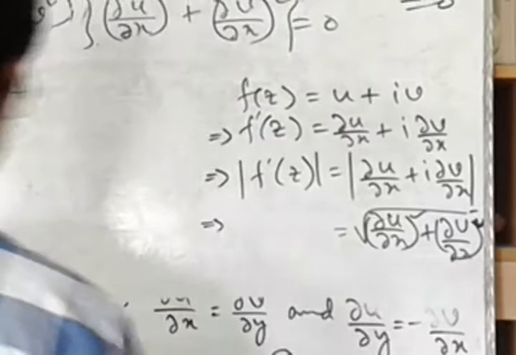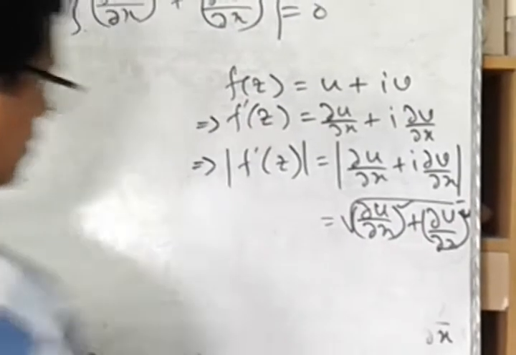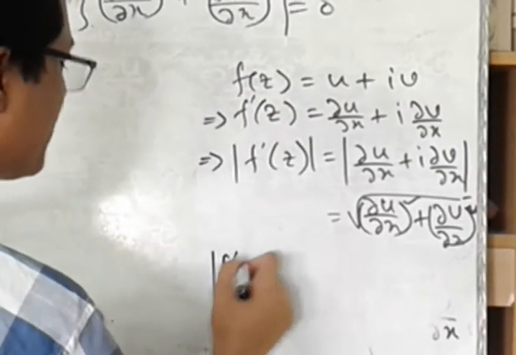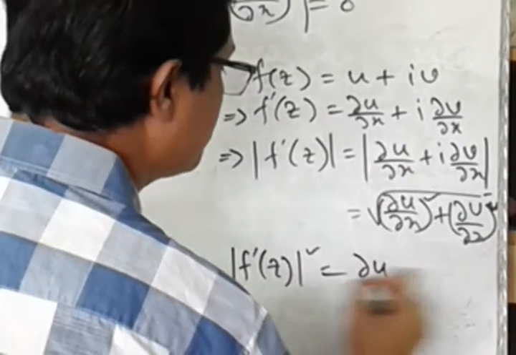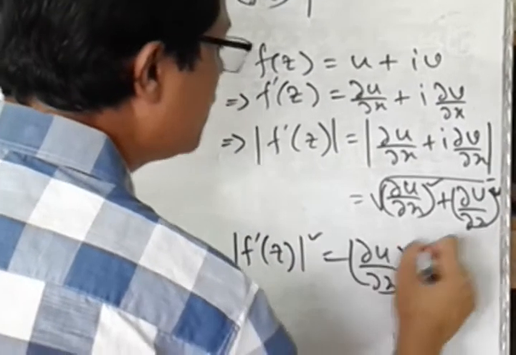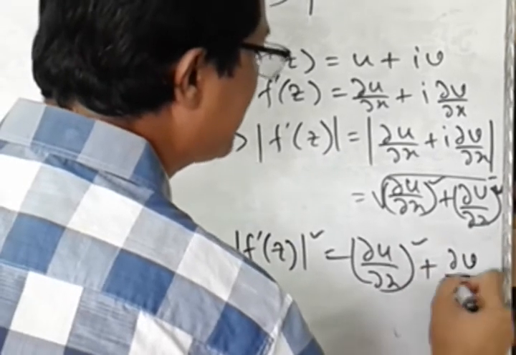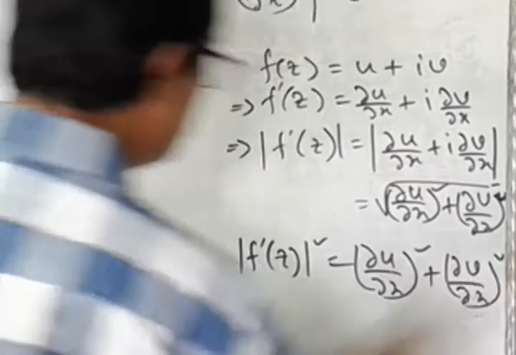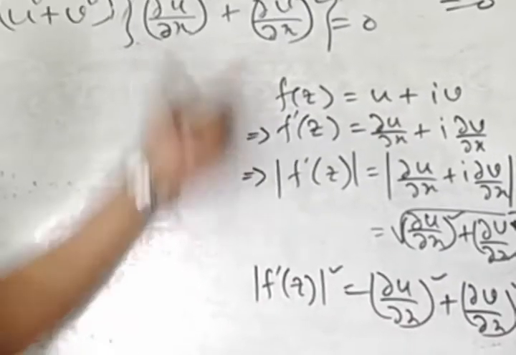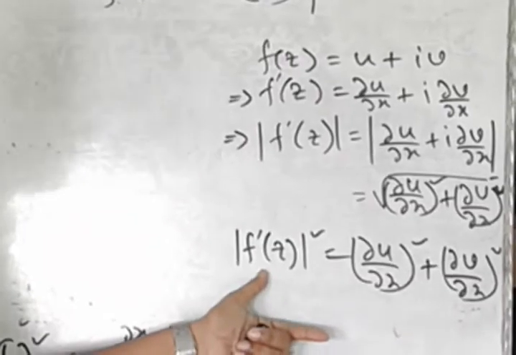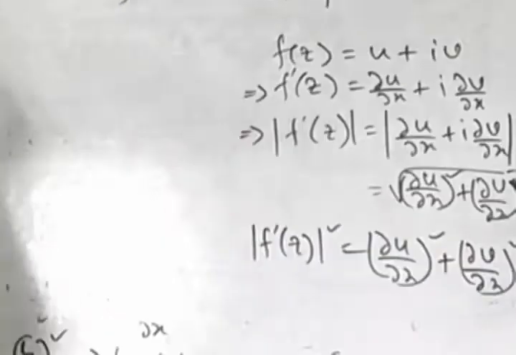and mod f prime z square is equal to del u by del x square plus del v by del x square. So this portion can be replaced by modulus f prime z square.